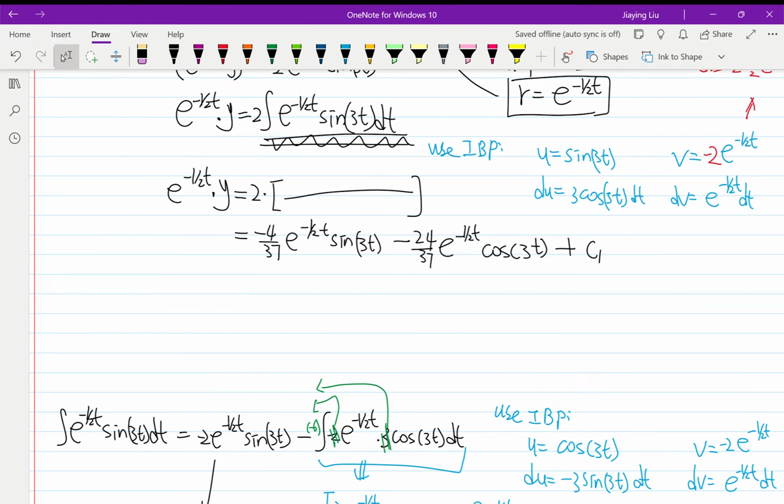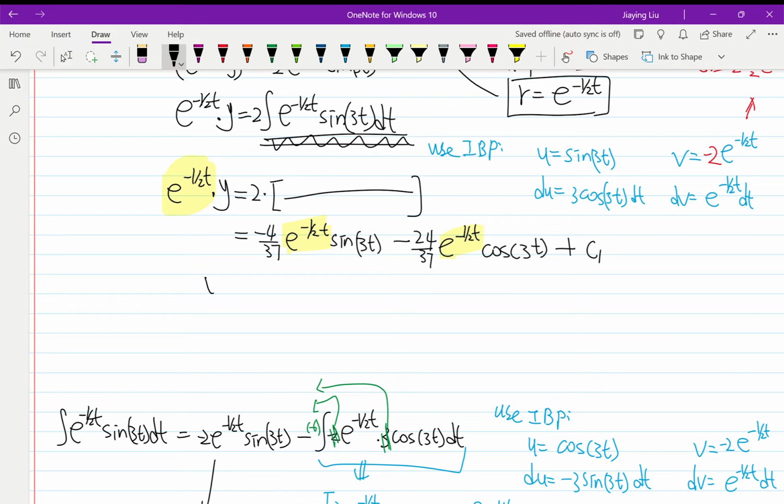We're almost done here. So the next is just solve for y, right? We have e to the negative 1/2 t. We don't need it, so divide that term. So we're going to divide by e to the negative 1/2 t on both sides of the equation. And the good thing is that we already have a couple of e to the negative 1/2 t on the right-hand side, so that cancels nicely.